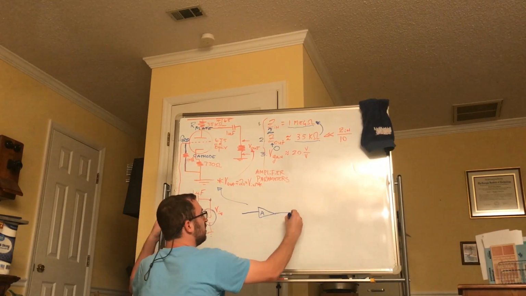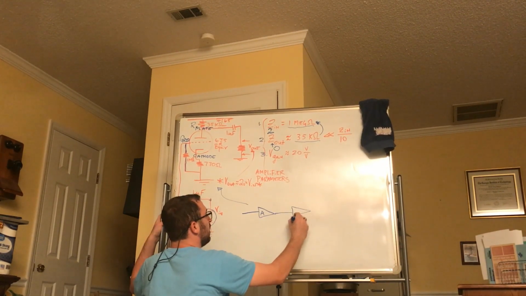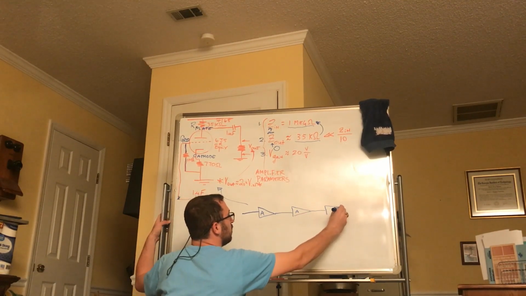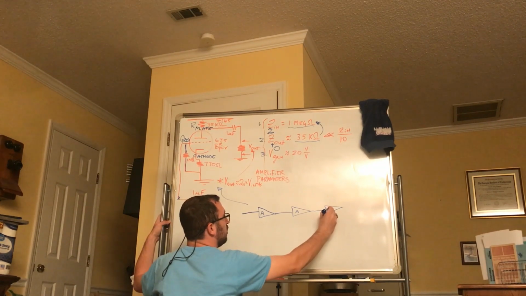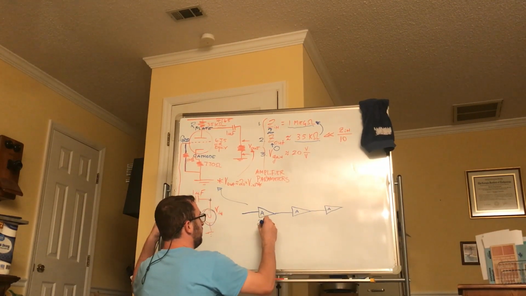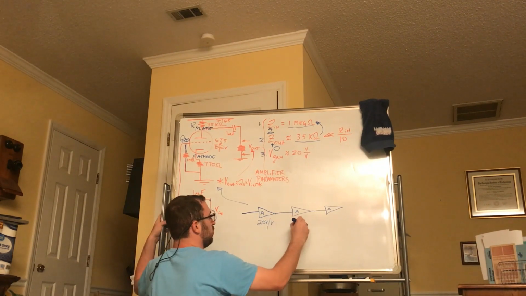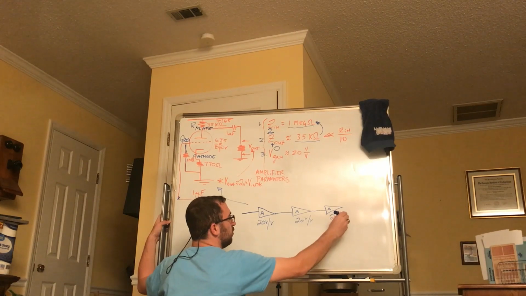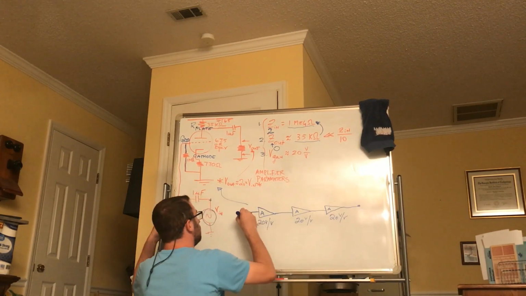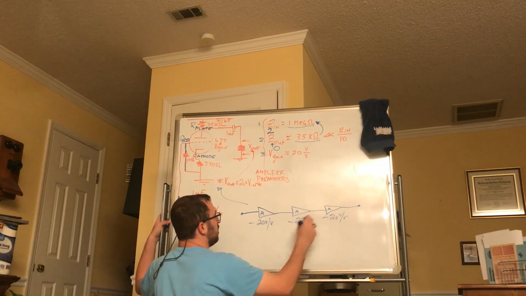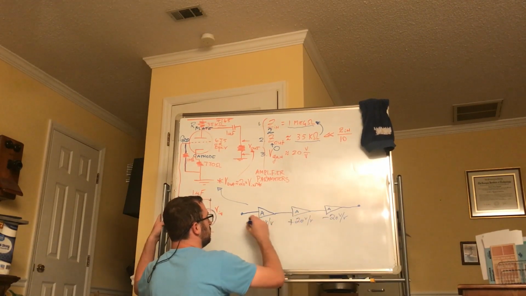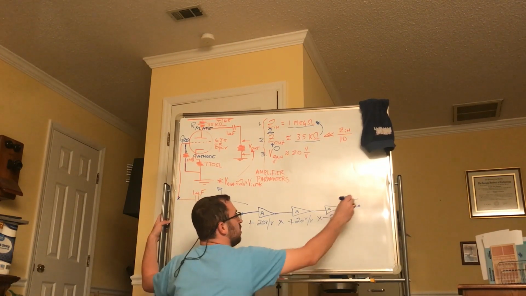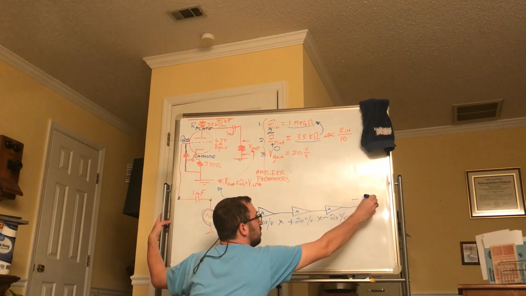And then that one goes to another amplifier, also called A, and then this one goes to another amplifier. And each of these has a gain of 20 volts per volt, 20 volts per volt, 20 volts per volt, and the output appears here. Well, the gain is minus, so technically minus, minus, minus, plus, plus, minus. So the whole total gain is the product of these, which is minus 8,000 volts per volt.